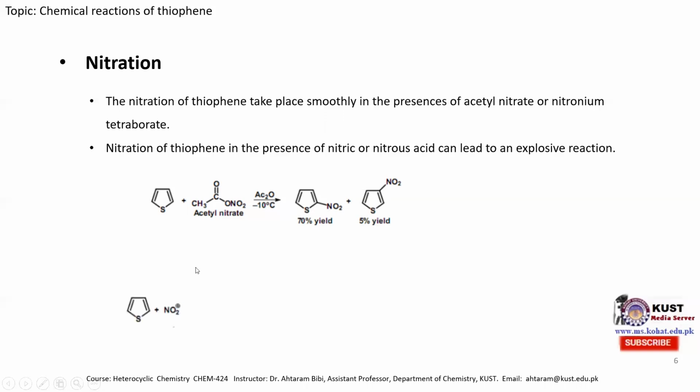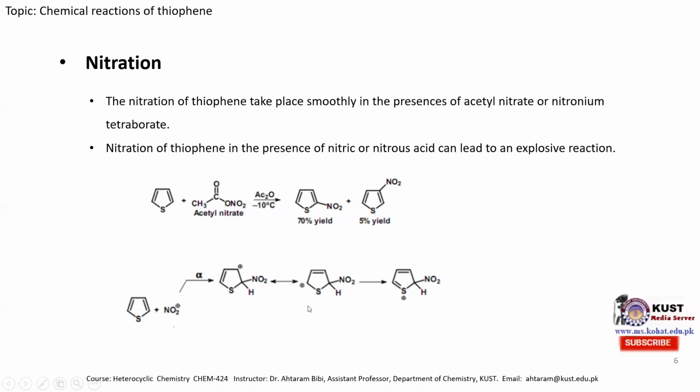When the nitronium ion from acetyl nitrate or from nitronium tetrafluoroborate attacks thiophene at its alpha position, one can see here that 3 resonating forms of the intermediate are formed, and the positive charge exists on the carbon atom at the alpha position, and then on sulfur.